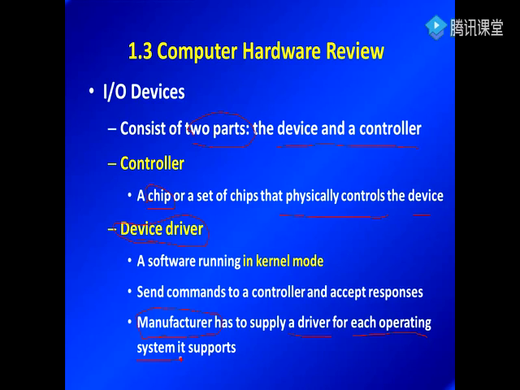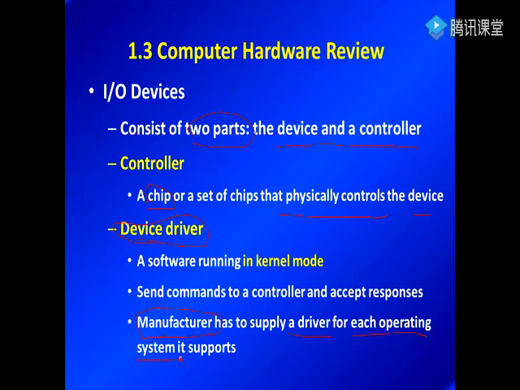So here you can imagine there is one more layer between the operating system and the I/O devices. Here the I/O devices already include the controller. Controller is just a chip. They don't know what to do. You have to use the software called driver to tell the controller where to move, what to do.